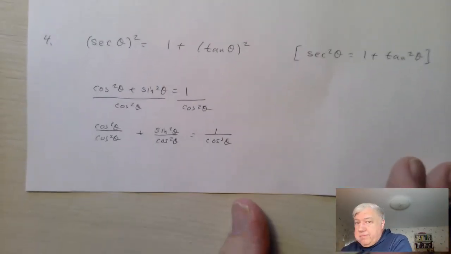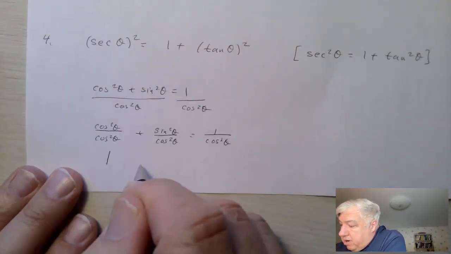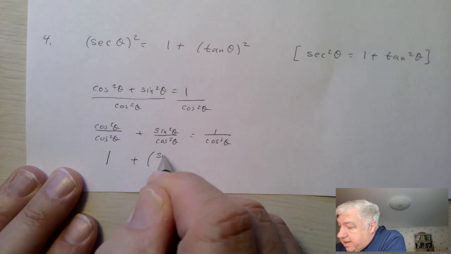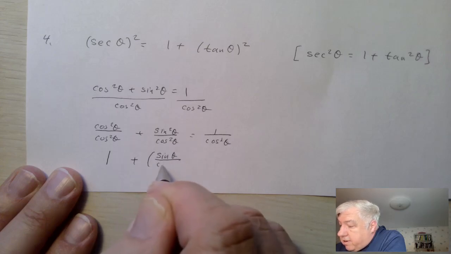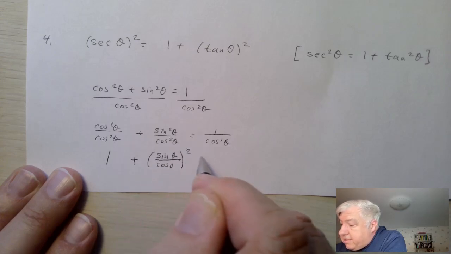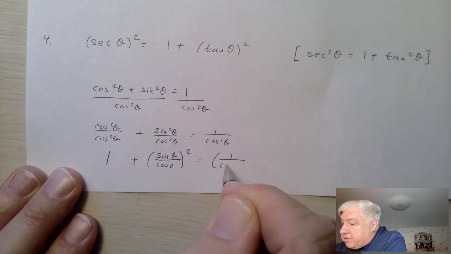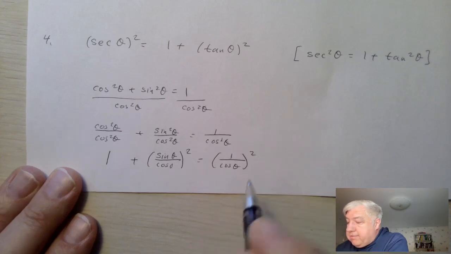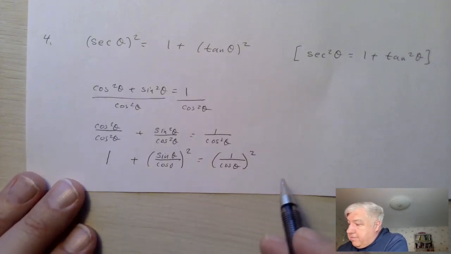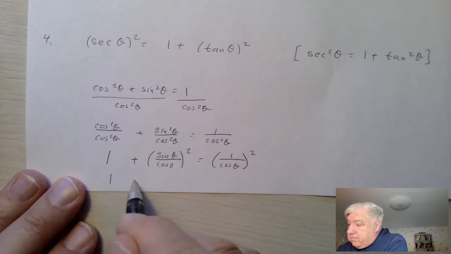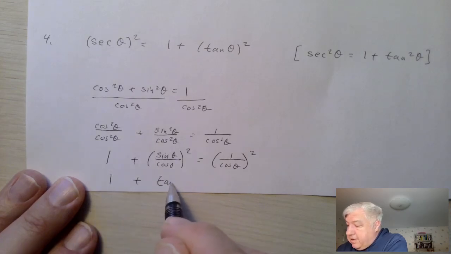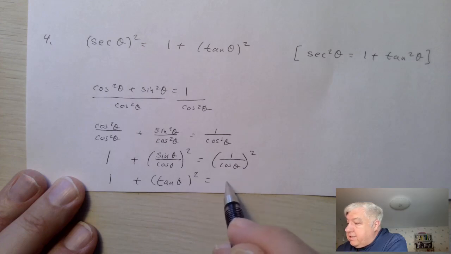And then this is just going to be 1 plus sine theta over cosine theta, squared, and this will be 1 over cosine theta, squared.